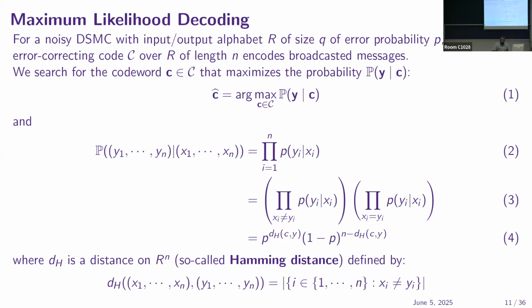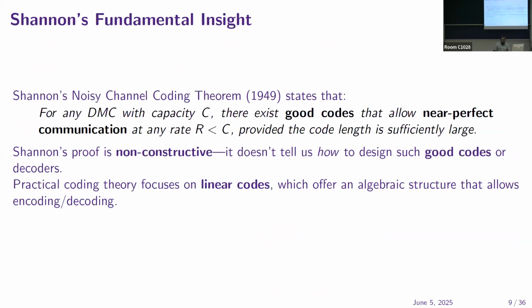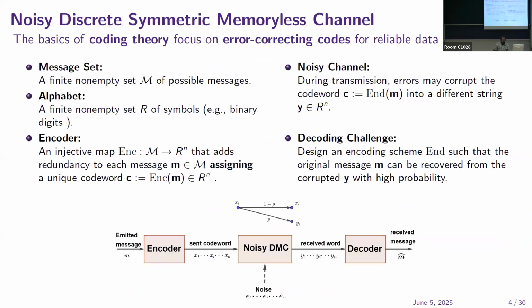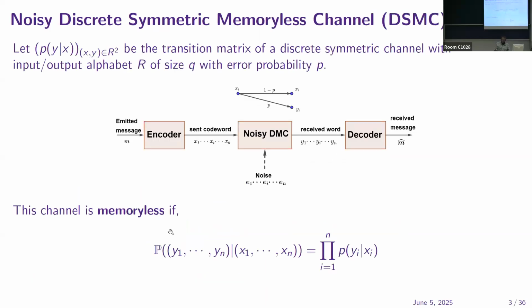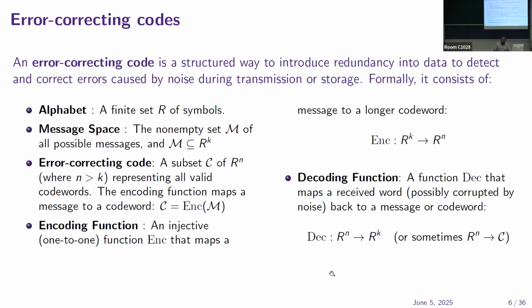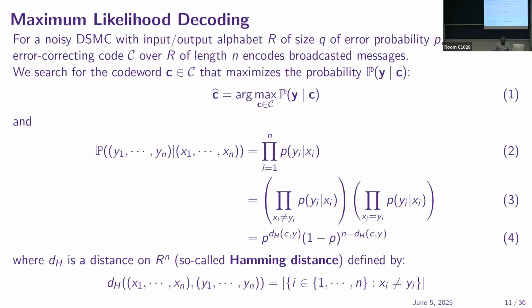Since the channel is memoryless, we have equality. This probability is the product of conditional probabilities.